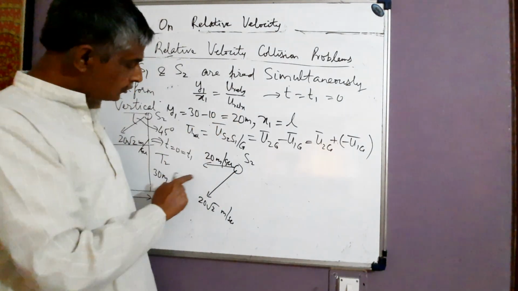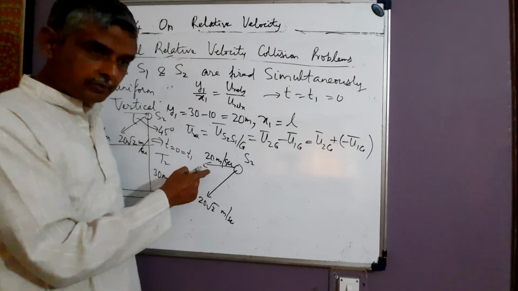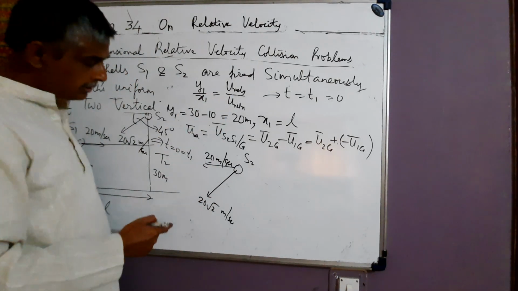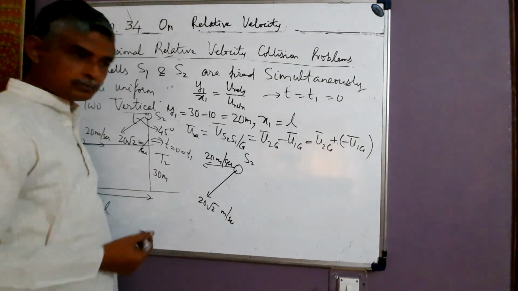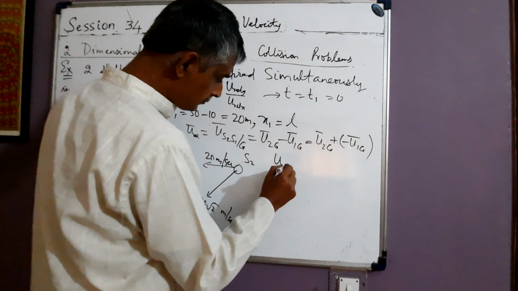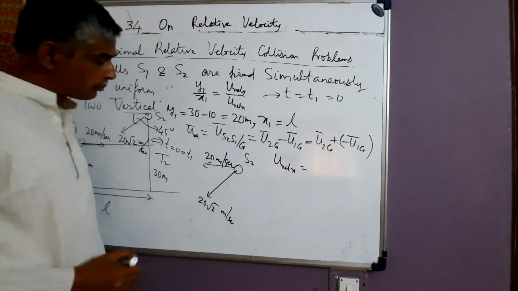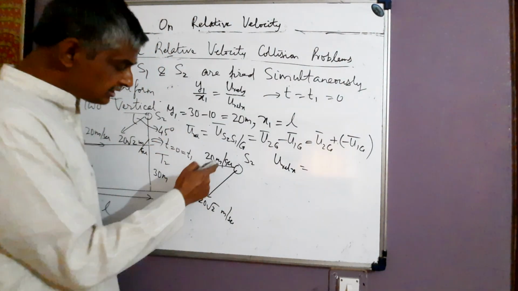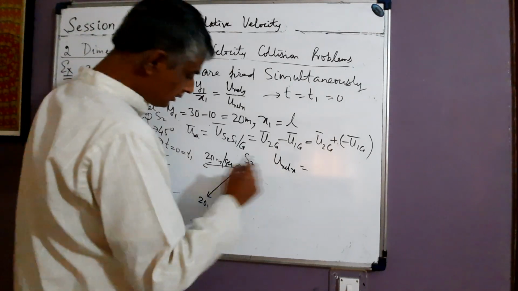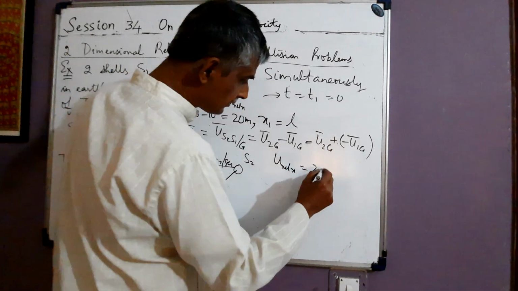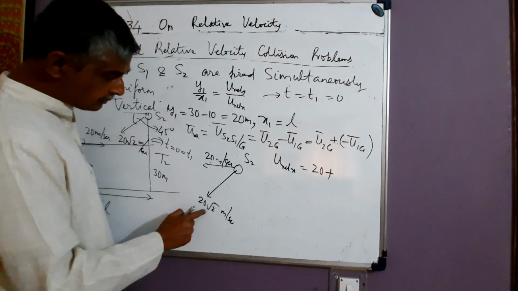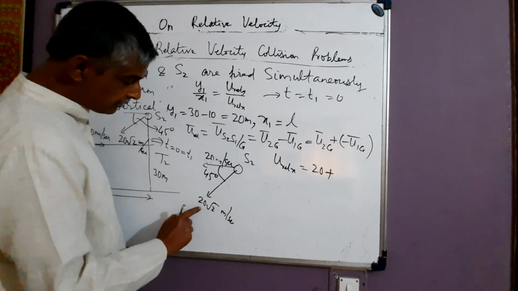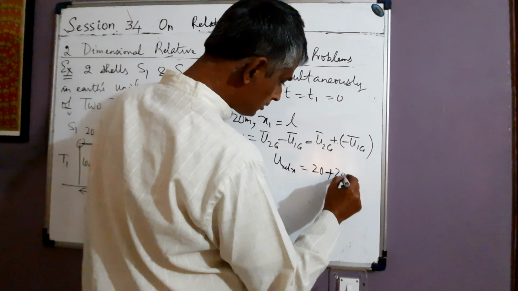So u relative is the vector sum of these two. u relative x is the x component of these two, sum of x components of these two, and u relative y is the y component, that is sum of y components of these two. So u relative x is the x component of vector sum of these two, which is just the sum of x components of these two. This is just along x axis 20, and this is 45 degree. X component of this will be 20 root 2 cos 45 degree.